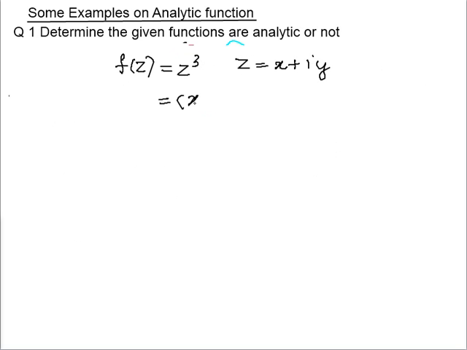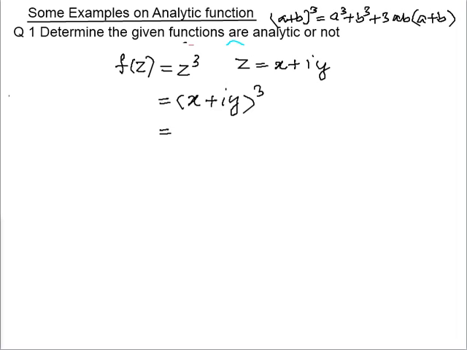We use the formula, I should write at the corner: a plus b whole cube equal to a cube plus b cube plus 3ab into a plus b. This is the formula for opening the whole cube. You already learned this previously. So now we use the same formula for opening x plus iota y whole cube.